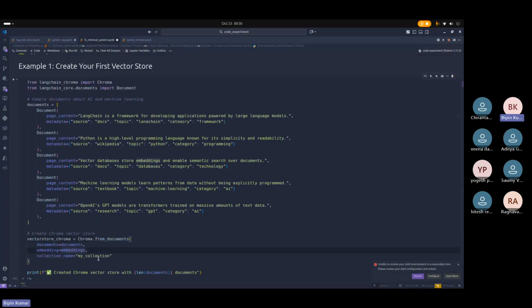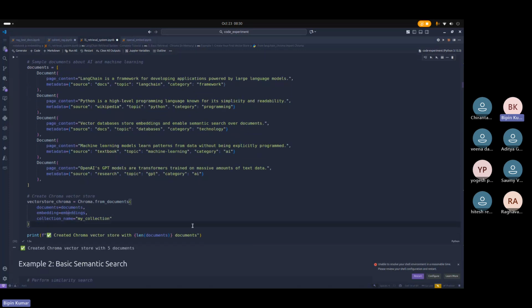And this is just a collection name. A collection is some sort of table, and you just give the table name; that name you can change. So with this single vector store Chroma call, you are able to do the embedding and store it into a vector DB.